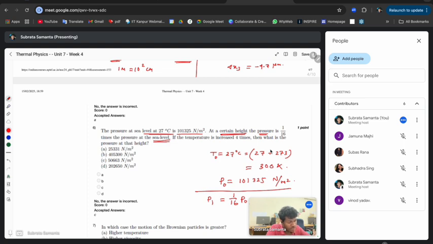So at a certain height, the pressure is 1/16 times the pressure at sea level. We denote the pressure at sea level as P naught, and this is the pressure at a certain height. If the temperature increases 4 times, then what is the pressure at that height?